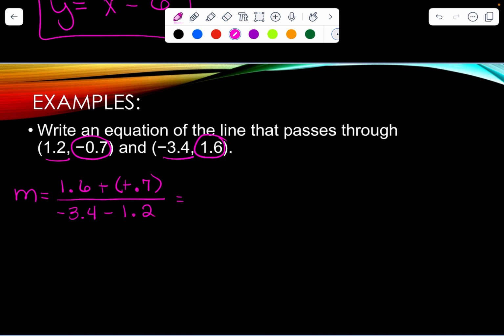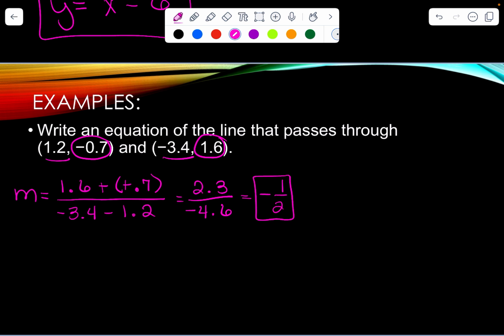So plus a positive. So that's going to get us 2.3 over negative 4.6. And if we look at that, 2.3 is half of 4.6. So my slope would be negative 1/2.